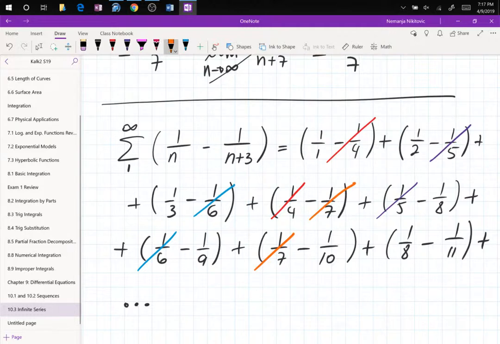Now look, you see that 1 over 8? There it is, right? As soon as you hit the first parenthesis that cancels both terms, that is when it starts canceling to the point where you can just drop everything else. So what is left? It's 1 over 1 plus 1/2 plus 1/3.